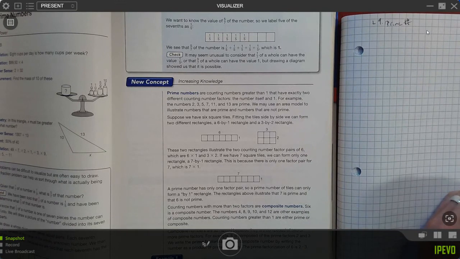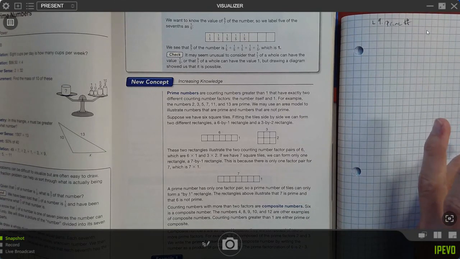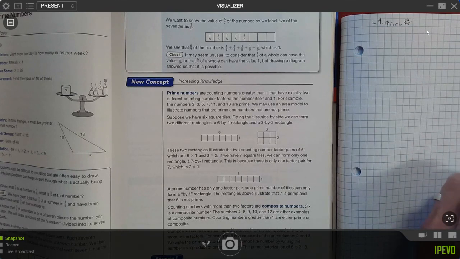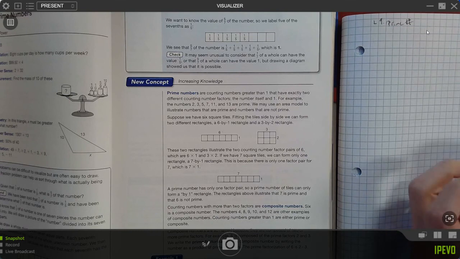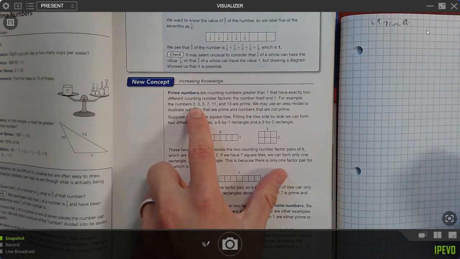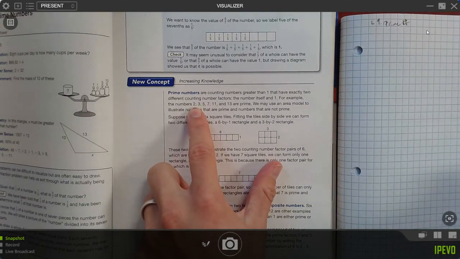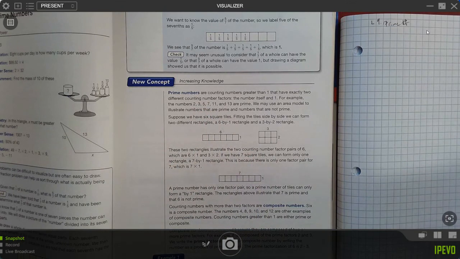So for 5, yes, I could do 2 times 2.5. However, that doesn't cut it for a prime number. For a prime number, we're only looking at the whole numbers that can be multiplied together to get the number, okay? The only way to get 2 is 1 times 2. The only way to get 3 is 1 times 3. The only way to get 5 is 1 times 5, okay? These are numbers that have no other factors, okay?